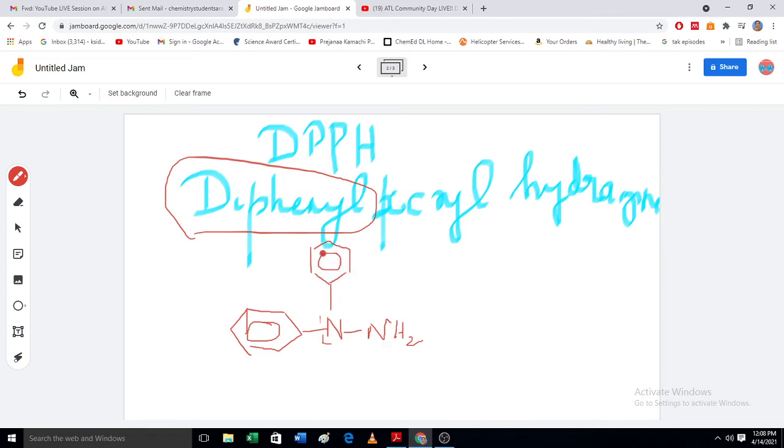So diphenyl is over, and now picryl. Instead of one of the hydrogens, I have to have the picryl. I am going to erase one hydrogen and instead have the picryl nucleus. What is picryl? The nucleus of picric acid. What is picric acid? Trinitrophenol, right?